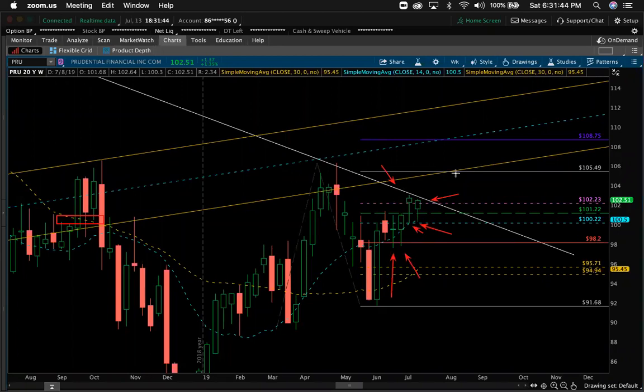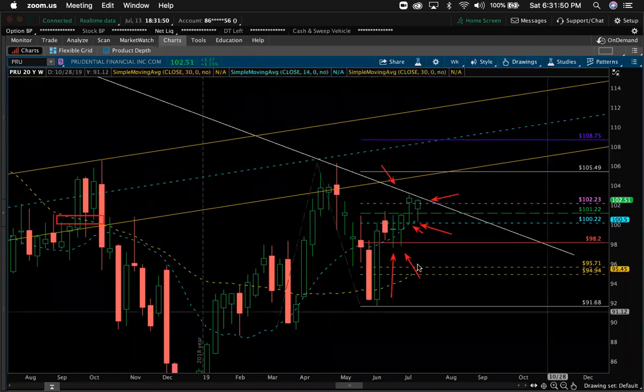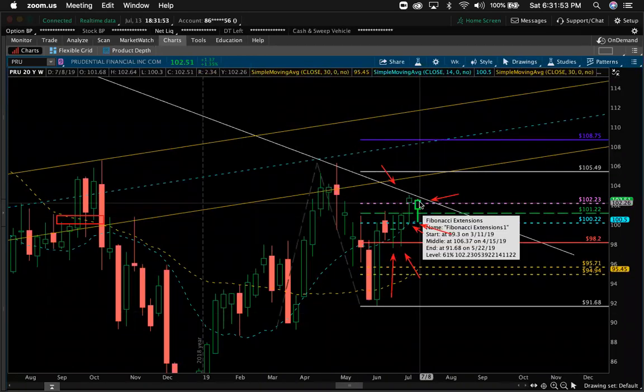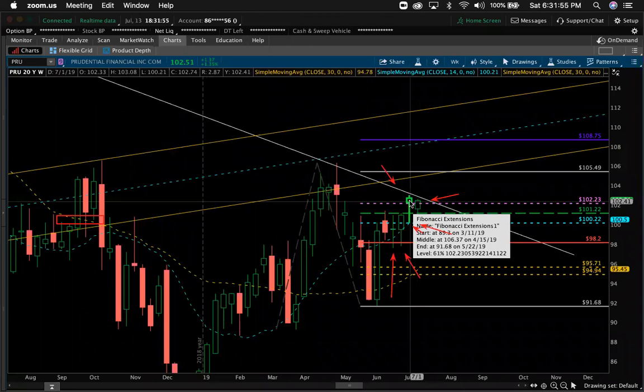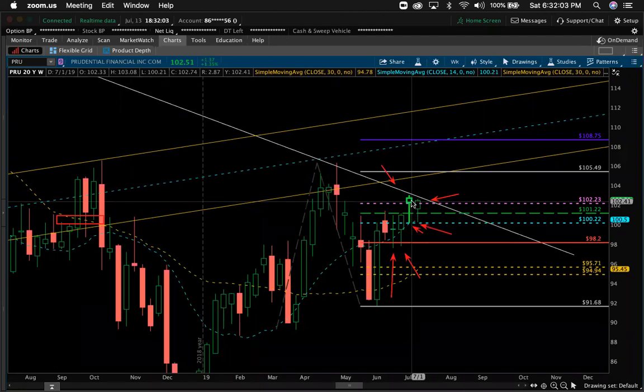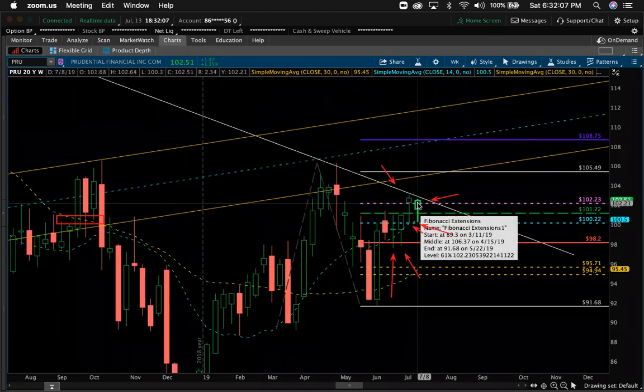Target is 105.49 here. So what I usually do is, of course, the price prediction box. Last week, that range was $2.34. Prior week to that was $2.87. So if we open at 102.23, let's say that's a bottom, right? Price opens above that and it just continues higher. We can add the exact same range of last week to that price. So we have 102.23.